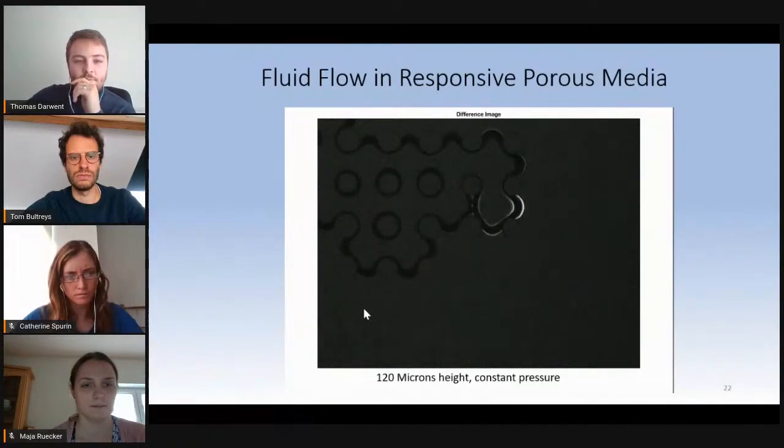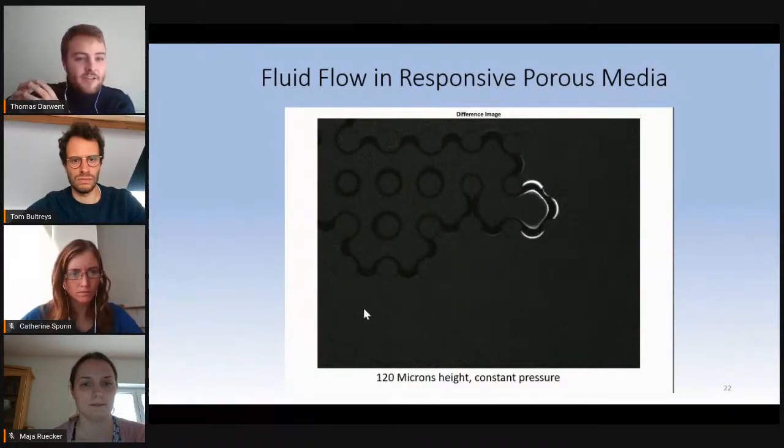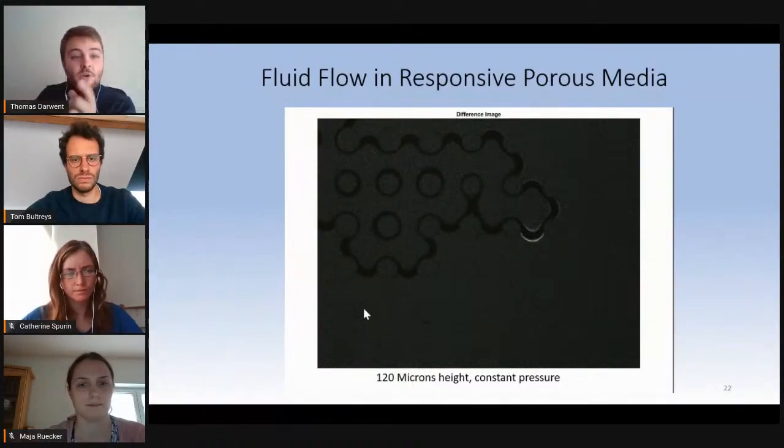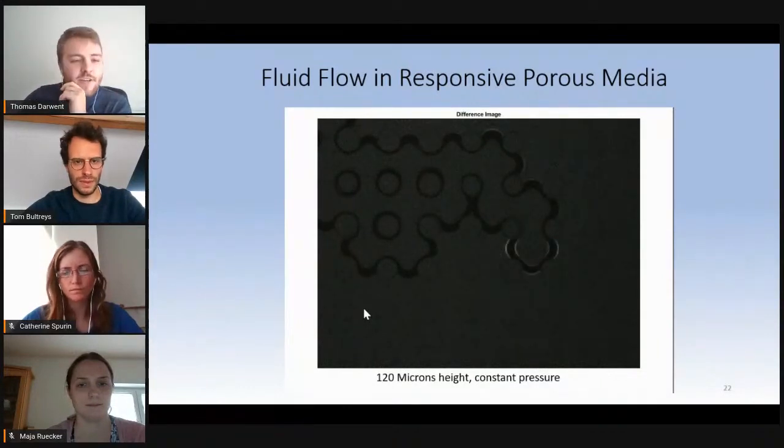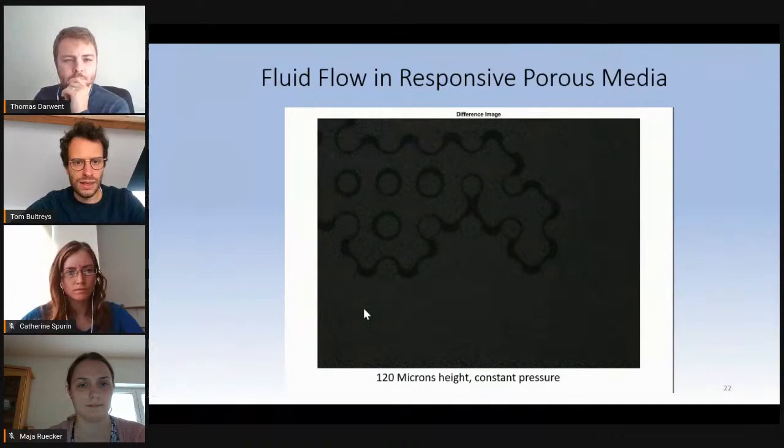Can you see that? Because it's a difference image, so you've got your pillars before invasion, your pillars as it's being invaded, you can see the pillars being deformed due to those white flashes. So we do actually see that pressure is enough to deform the pillars. I don't know if that's obvious from the video. Yeah, you can see it kind of, I guess.